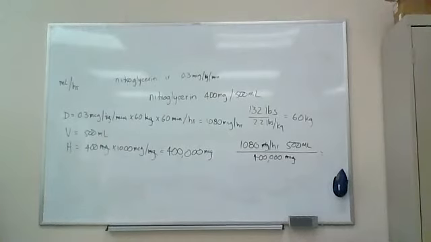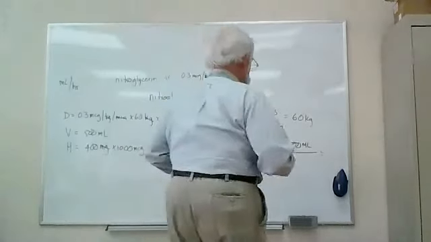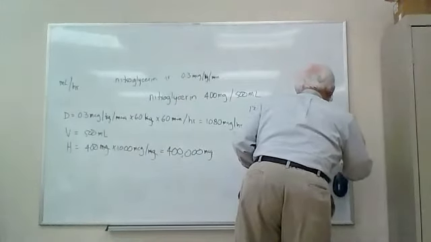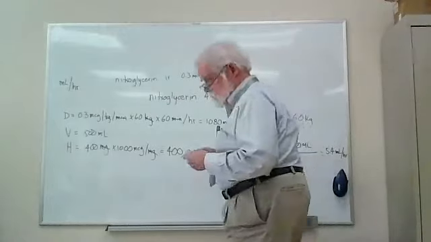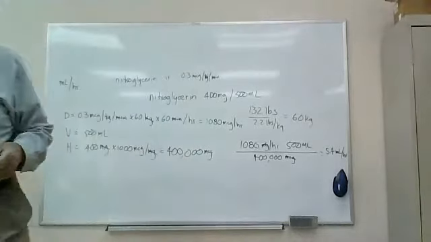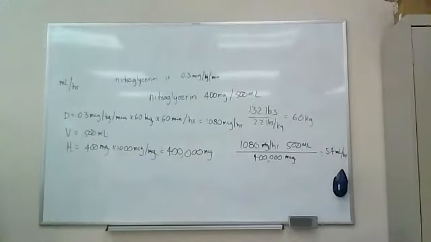5.4 milliliters per hour. Everybody understand how I got that? Or how that was derived? Is it 1,080 times 500 over 400,000?